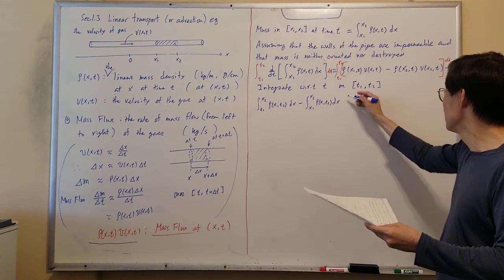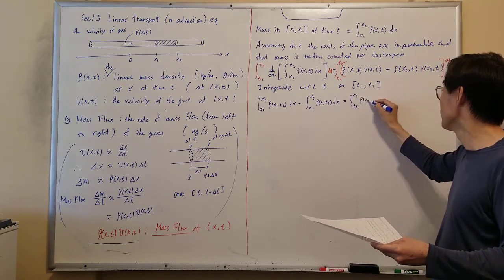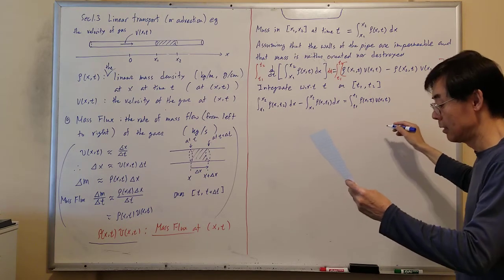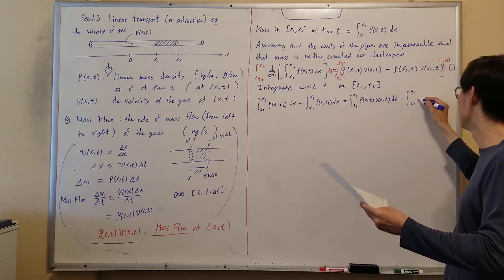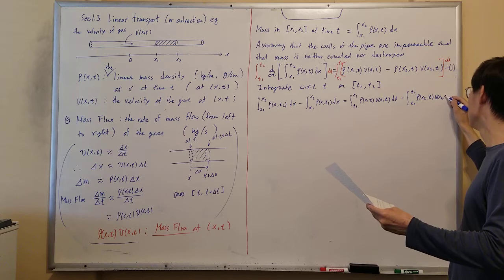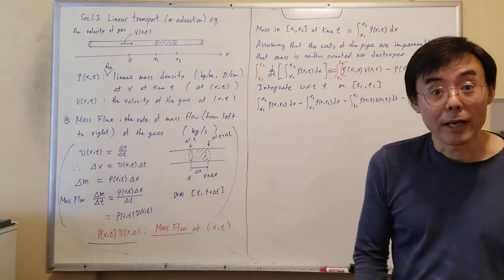And this one is the integral from t1 to t2 of rho x1,t v x1,t dt minus the integral from t1 to t2 of rho x2,t v of x2,t dt. Okay?